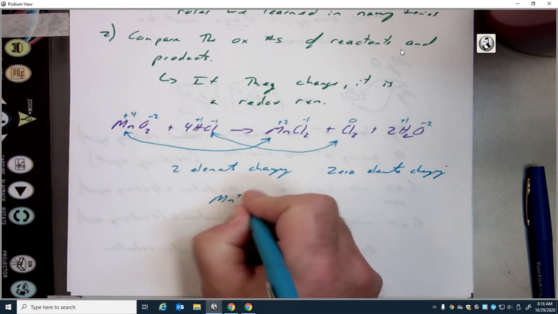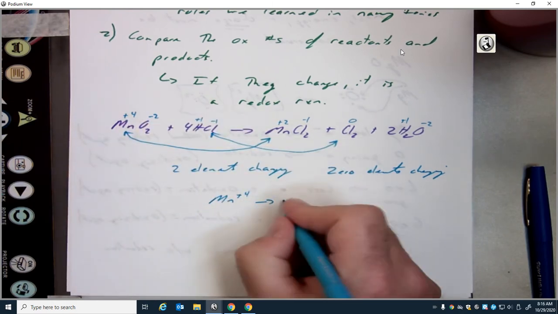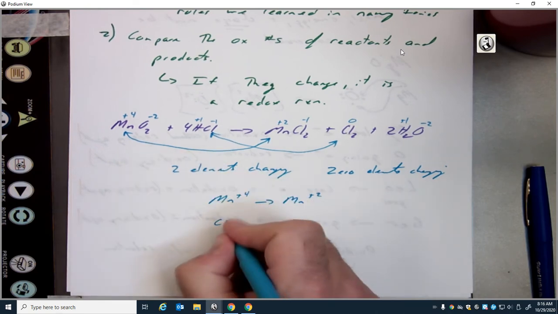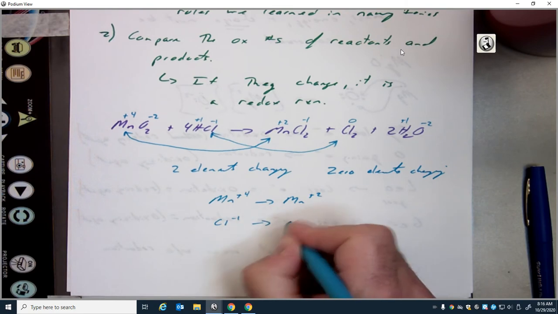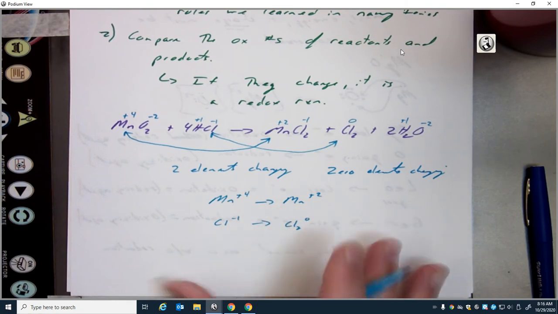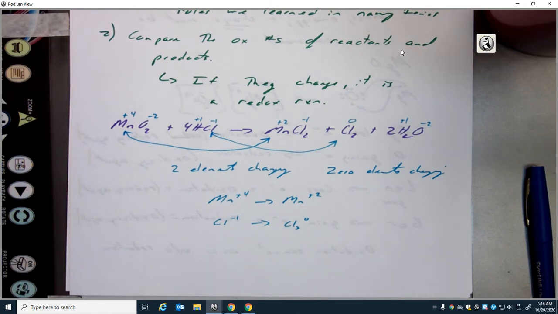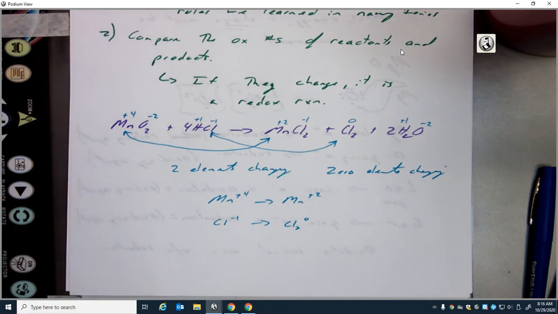So now let's just kind of bring this down. We got Mn +4, and it's turning into Mn +2. And I have Cl -1 turning into Cl2 0. Now, to go from +4 to +2, it needs to gain electrons.